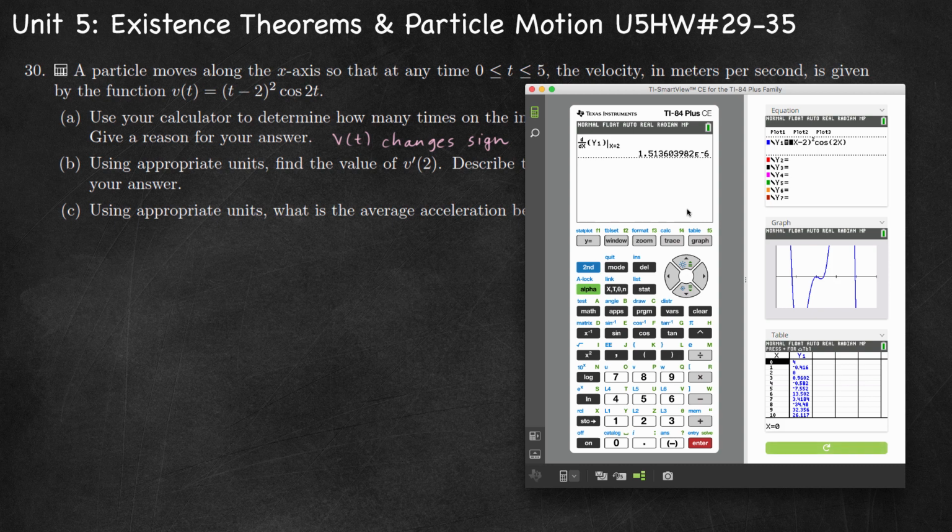Okay, so here's my answer, 1.5 times 10 to the negative 6. So not quite 0, but really close to 0. If we round to 3 decimal places, we get 0. So it's approximately equal to 0. And the units on this, v prime is acceleration. So our units here would be meters per second squared.